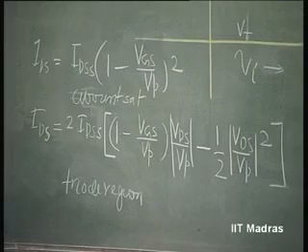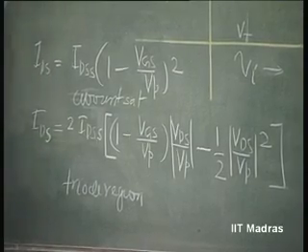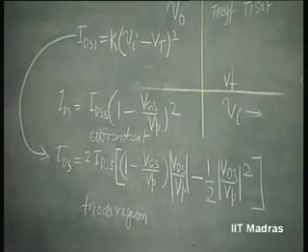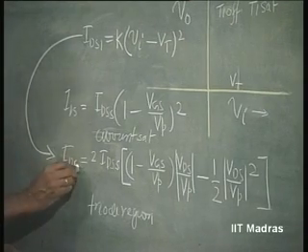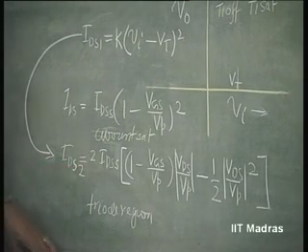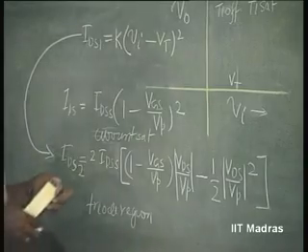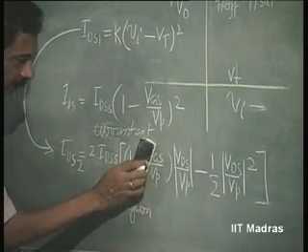Now, this current is going to be equal to this current IDS2. VGS in this case is 0 at all times. So, this is 0.